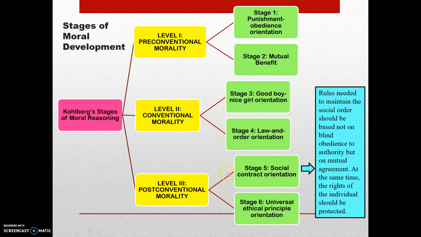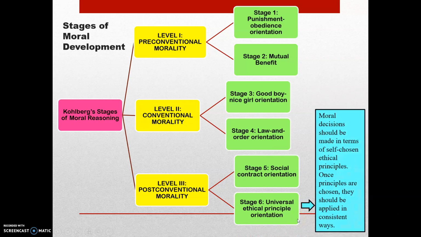And next, the last stage. According to Kohlberg, bihirang marating ito ng mga tao. Kung may makarating man sa stage na ito, iilan lang sa atin yung nakarating. Itong universal ethical principle orientation. Dito sa stage na ito, yung mga tao nakaka-form na sila ng kanilang sariling principle, for example, justice, equality.